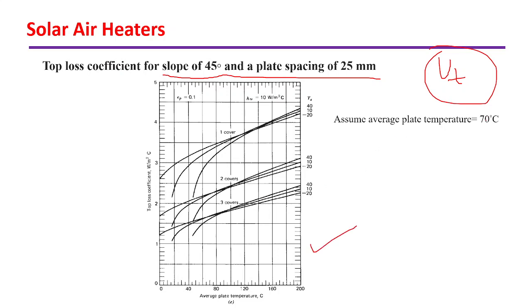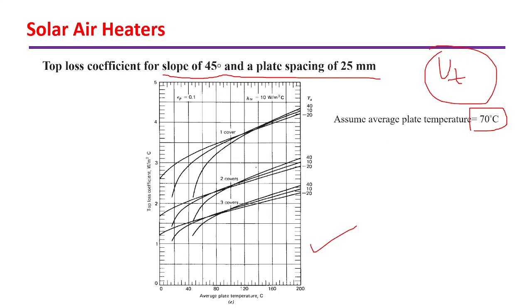So if we take an average temperature of 70 degrees centigrade, we are taking the average temperature based on the given ambient and the temperature of the absorber plate. So based on this, we are assuming an average temperature of 70 degrees centigrade.